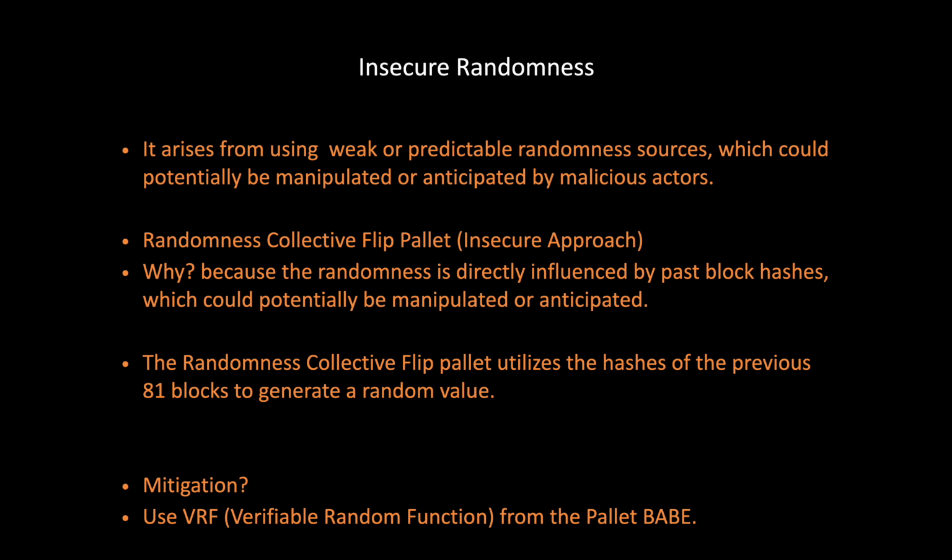The first one is called insecure randomness. Randomness is a core part of many projects, Web 2 projects, Web 3 projects. We always need some sort of randomization or pseudo randomization for predictions, for lottery, for voting, choosing nodes based on random numbers, and creating, for example, random passwords and things like that.